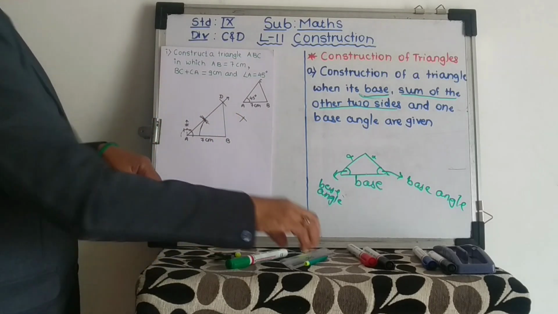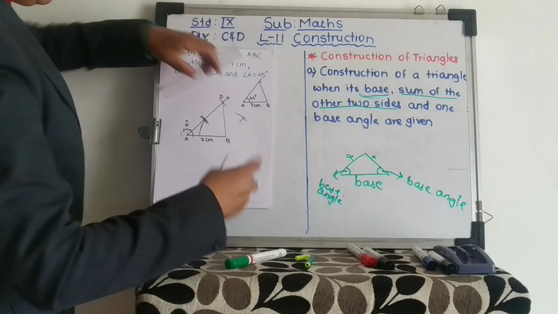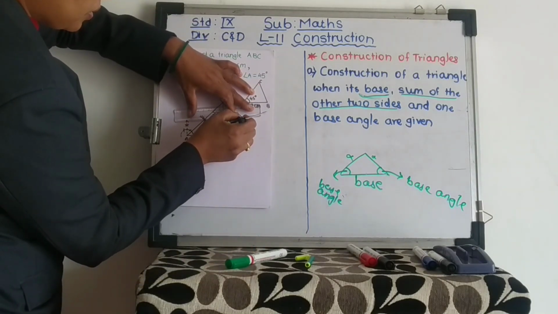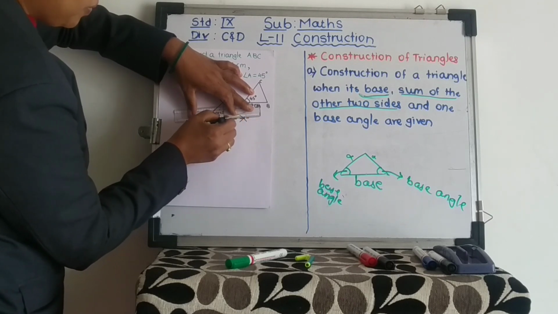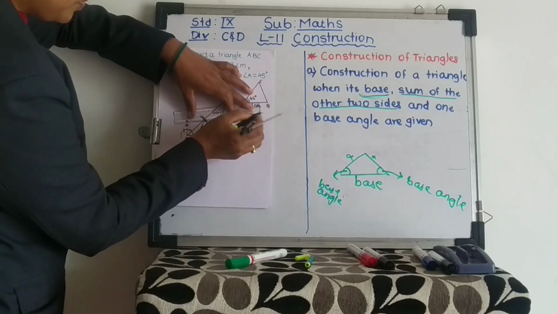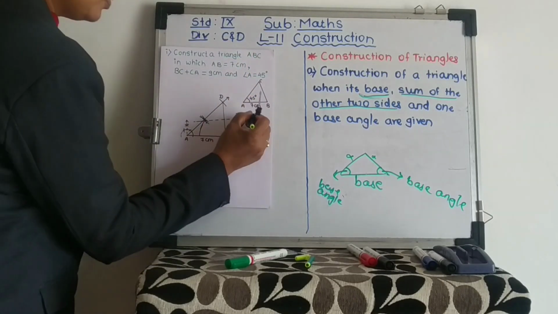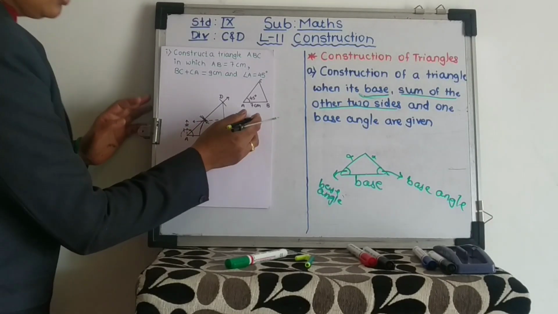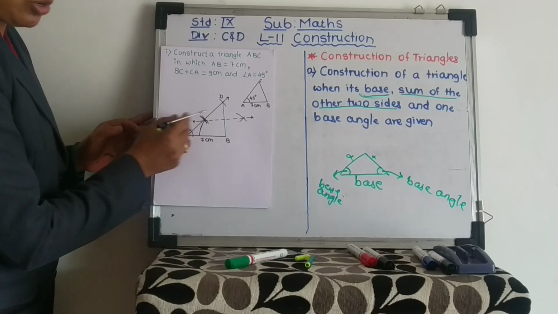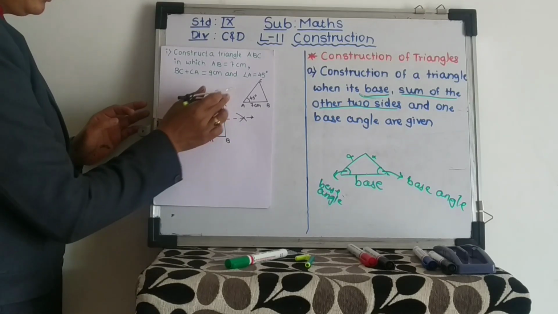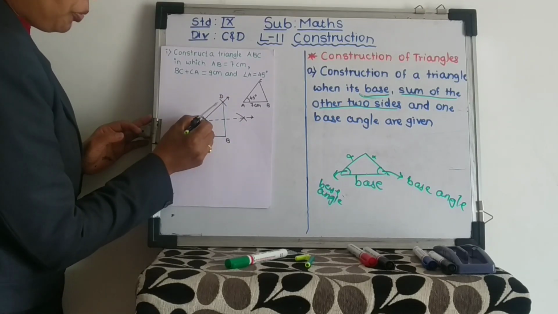Here I got it. So we will join it with the help of a scale. This one again you can show with the help of a dotted line. Right. Now see, this bisector we have drawn for segment BD cuts AD or DA at this point, right?